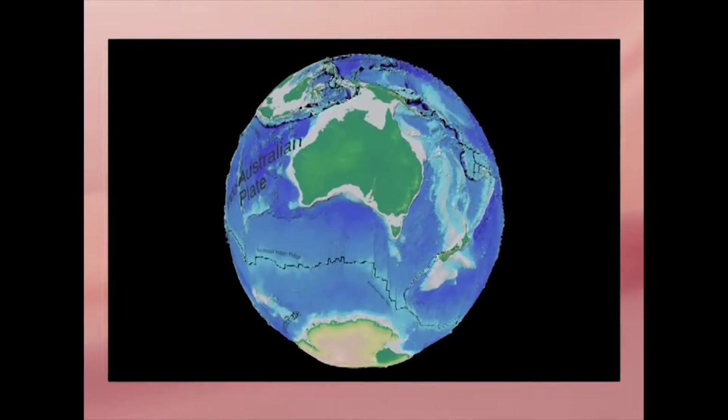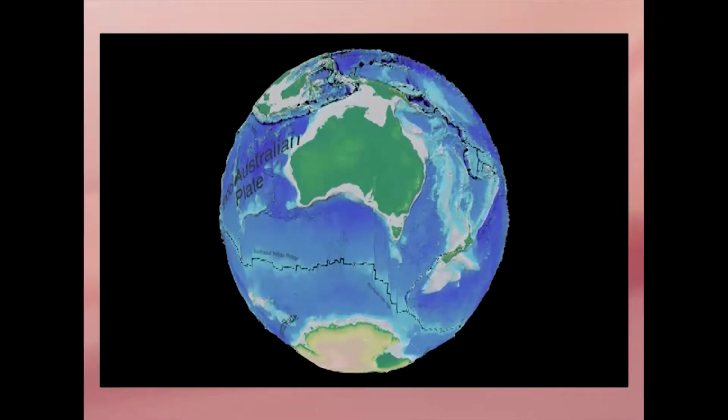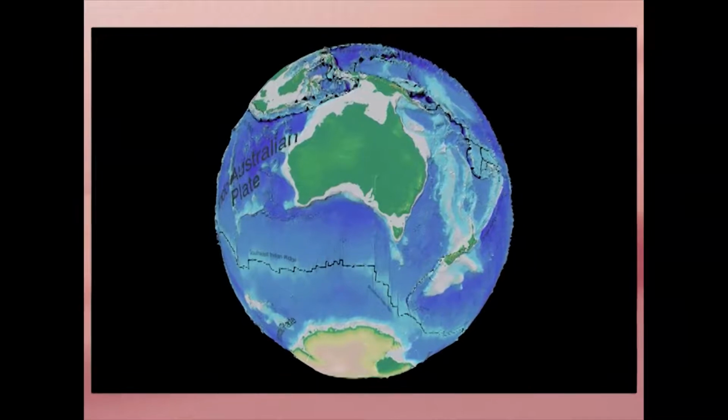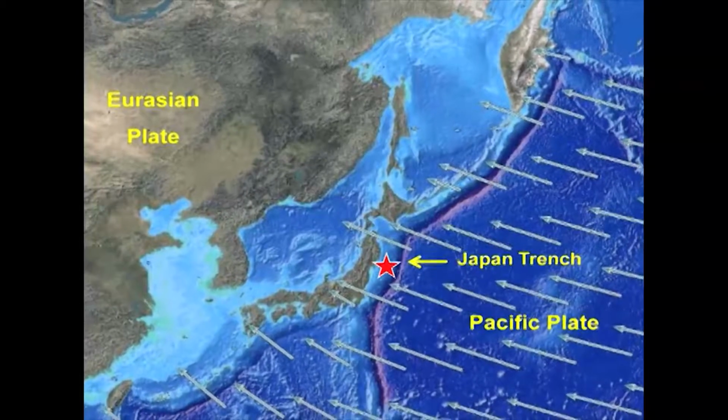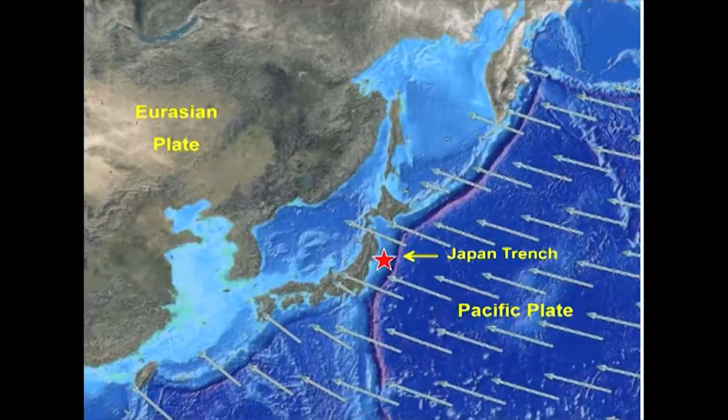India lies at the northwestern end of the Indo-Australian plate, which encompasses India, Australia, a major portion of the Indian Ocean, and other smaller countries. This plate is colliding against the huge Eurasian plate and going under the Eurasian plate.